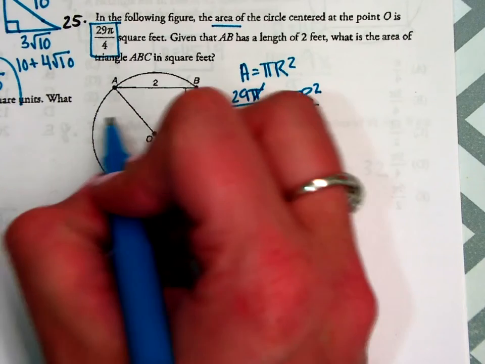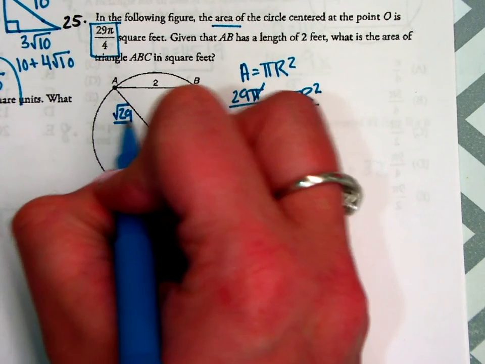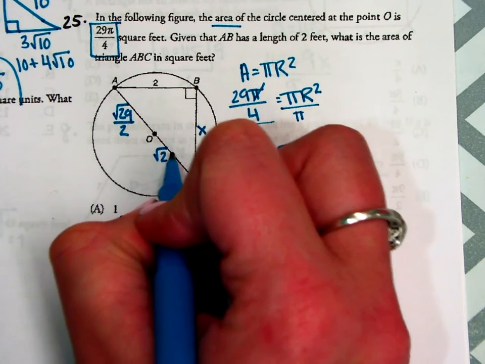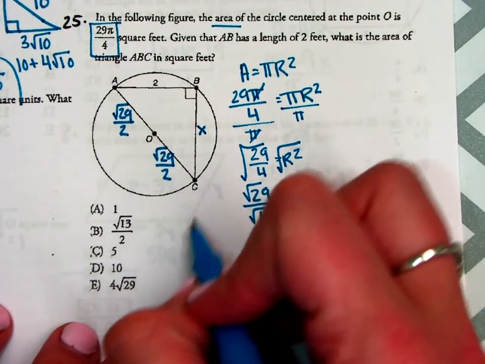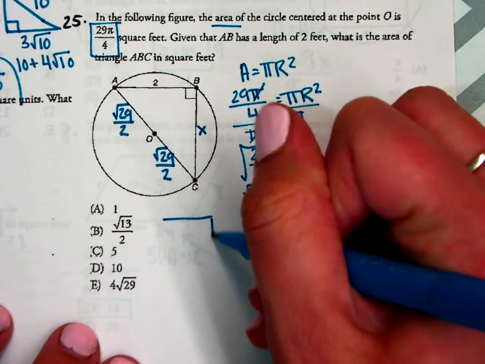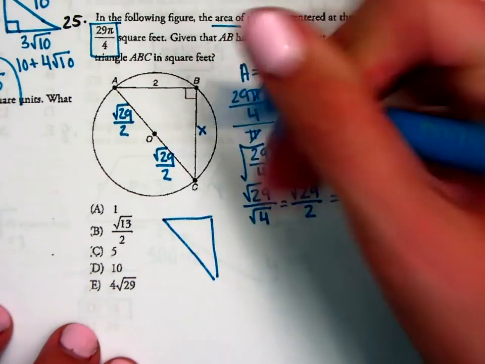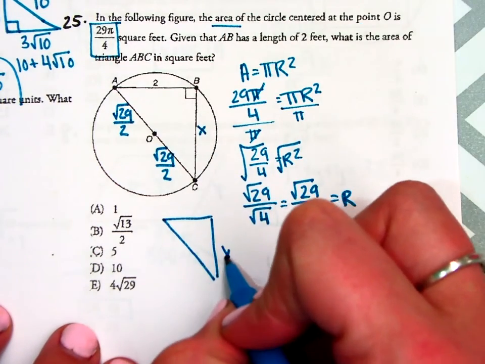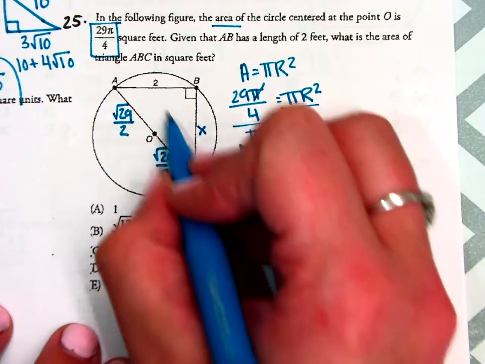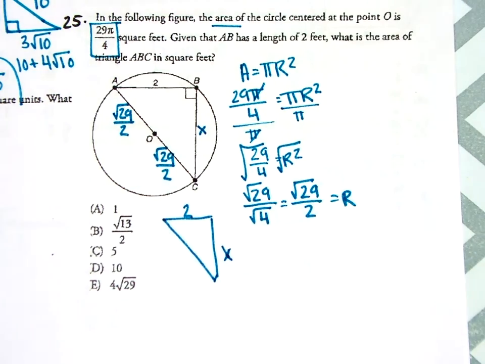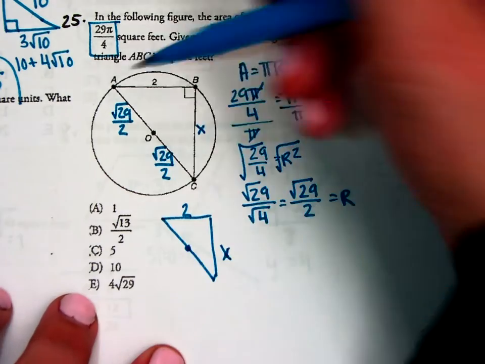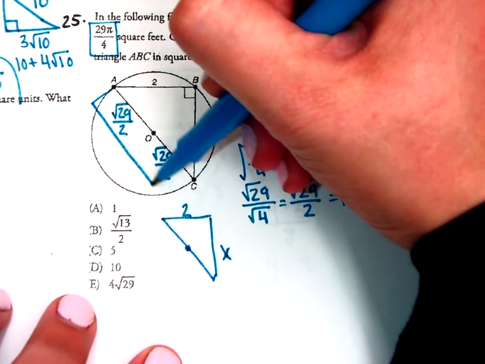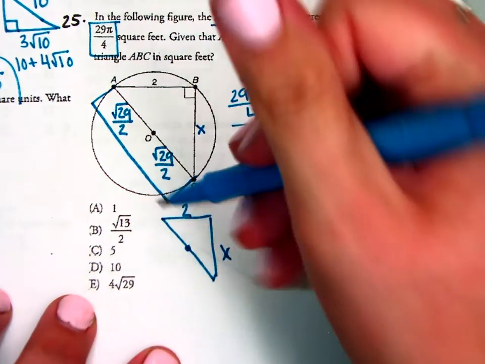So that means that this distance is the square root of 29 over 2, and this one is the square root of 29 over 2. Now, in order for me to find the height of the triangle, this measurement that I'm trying to find, I know that this distance is 2. I'm just pulling this triangle down. However, notice that this distance here is the hypotenuse.